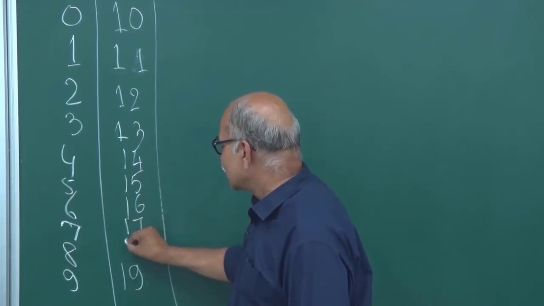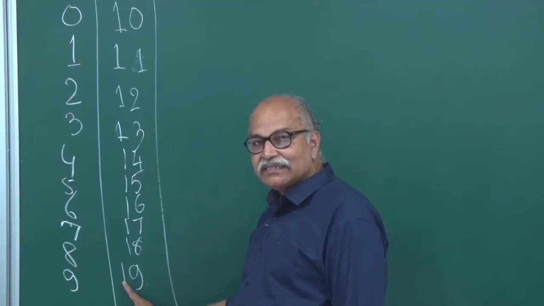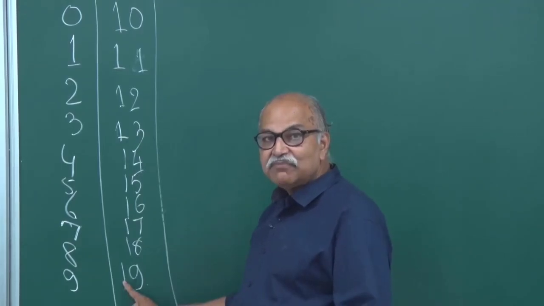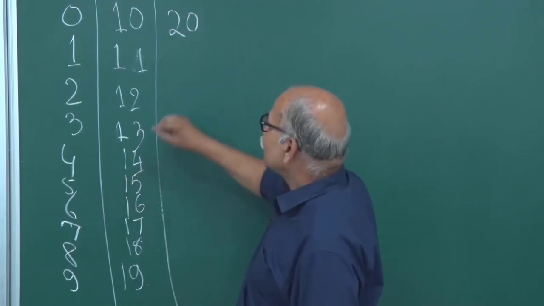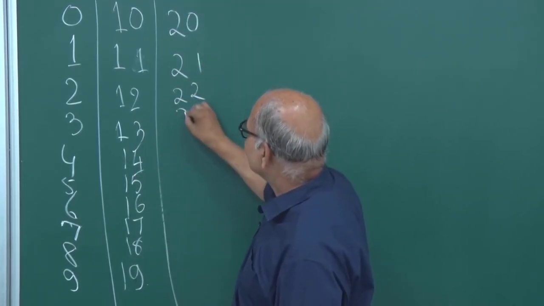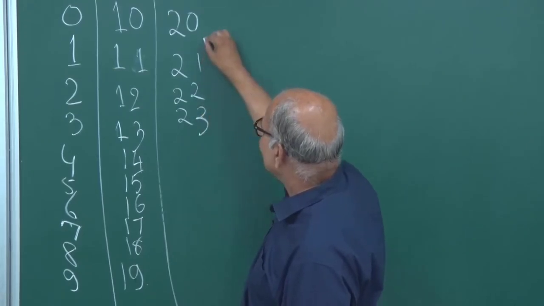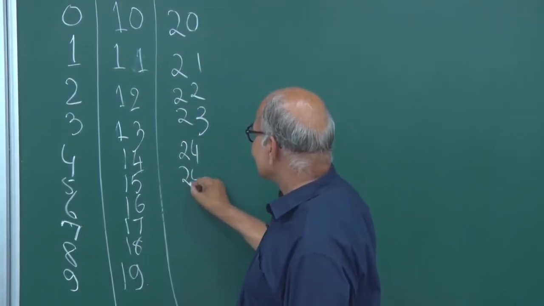Once you exhaust your symbols, you say that okay, now at this place I change the symbol, this 1 becomes 2, and then you start 2, and then this 2 remains here, and then this digit called unit digit, that keeps changing, you increase that.